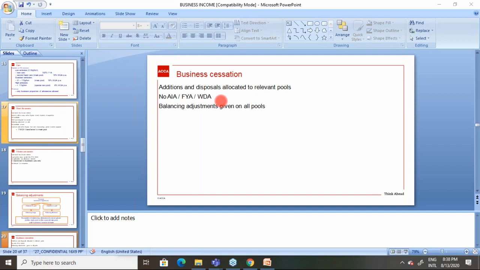What you have is either a balancing allowance or balancing charge. No AIA, no FIA, no WDA in your last period of account. The only adjustment will be the balancing adjustment, which will result in either balancing allowance or balancing charge. Okay, right.